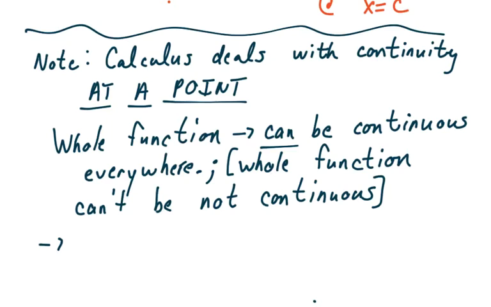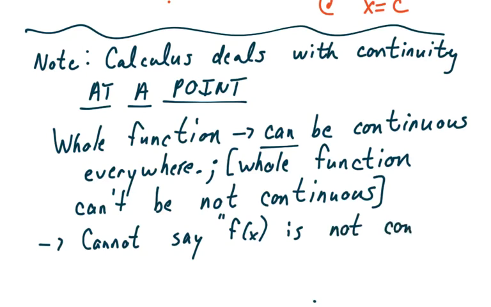We cannot say f of x is not continuous. We would have to say f of x is not continuous at a point, because we would be referring to a very specific issue that it has. So it's kind of impossible for that to happen.